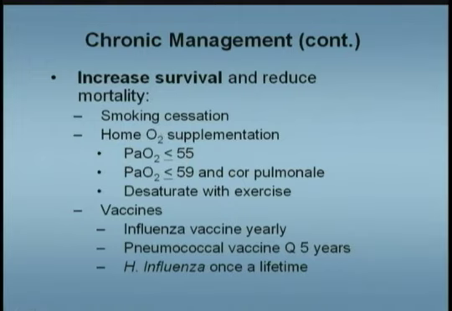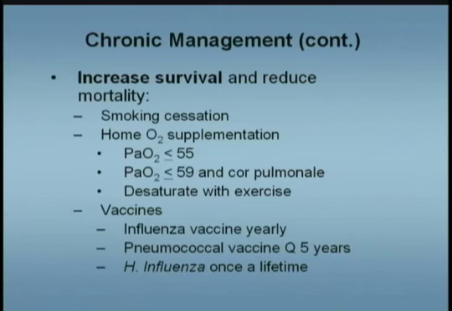Anything with a resting PaO2 of less than or equal to 55, that patient gets home oxygen. And then there's one more category of patients that have a PaO2 of 59 or less, but they have right-sided heart failure. Those patients deserve home oxygen.